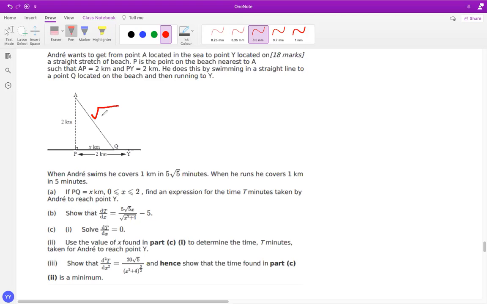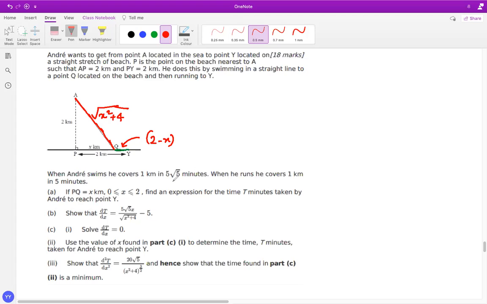Let's get this distance. This distance will be √(x squared plus 4), and this other distance is 2 minus x. So the net distance traveled is going to be this. He has to swim this much, and then he has to run this much.